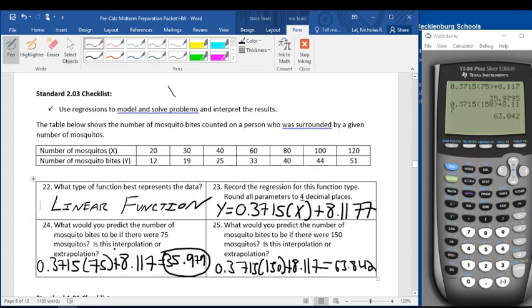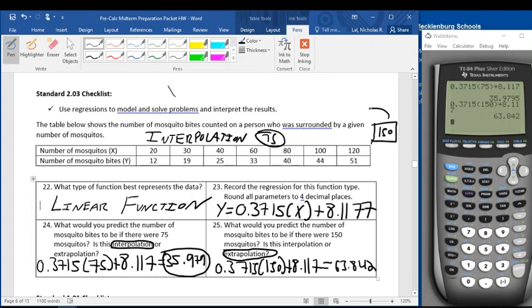So, based on that definition, 24 is interpolation and 25 is extrapolation. 150 is outside of our data set, and 75 is inside our data set, so 75 would be interpolation and 150 would be extrapolation. Alright, so that is 22 through 25.